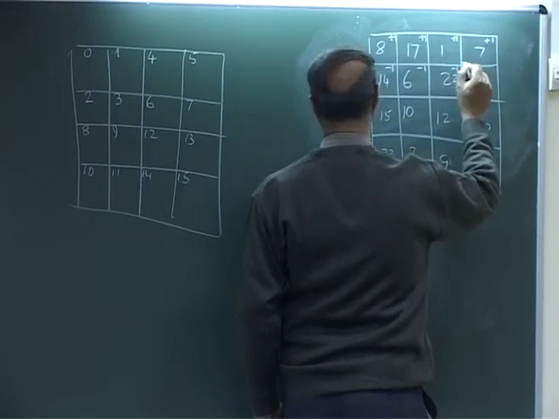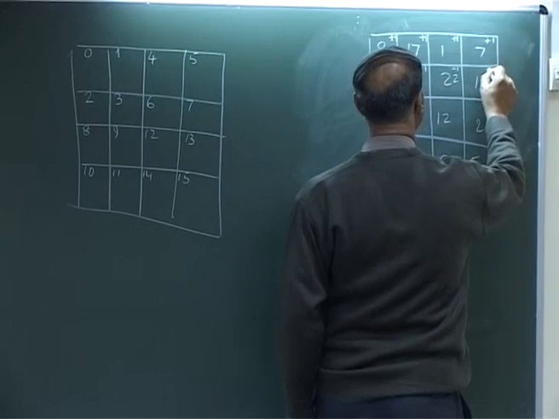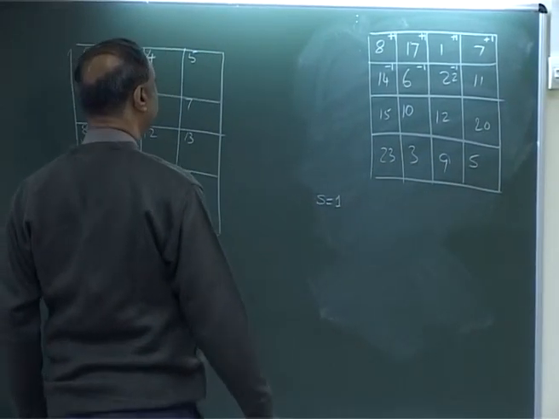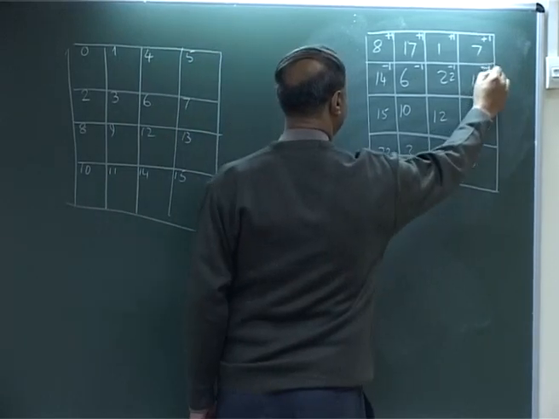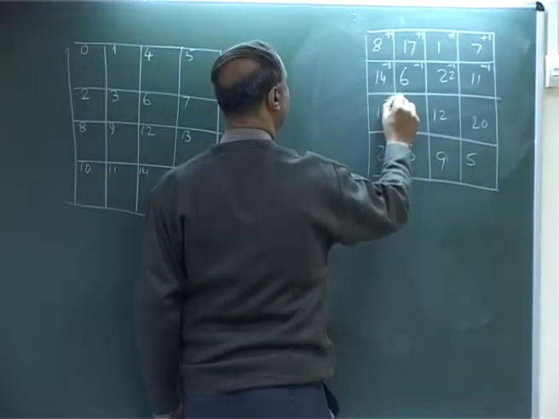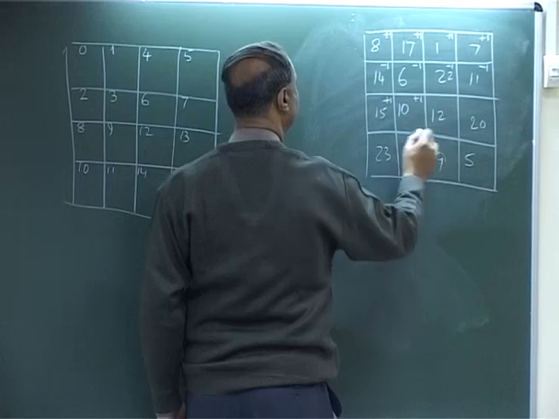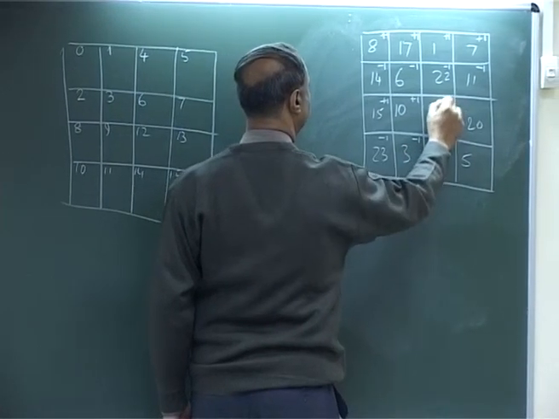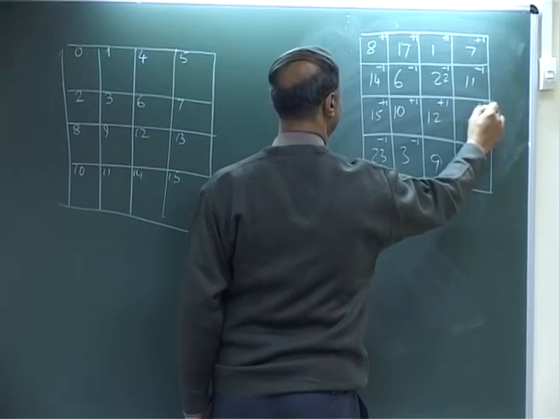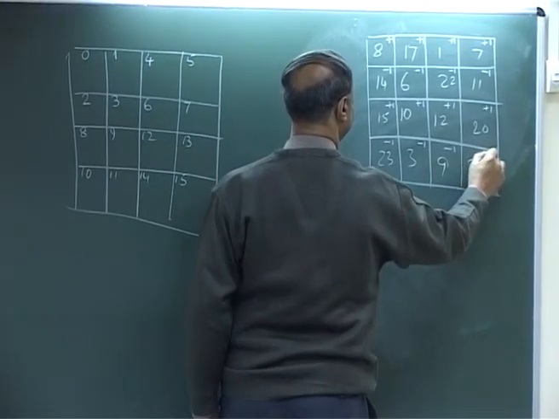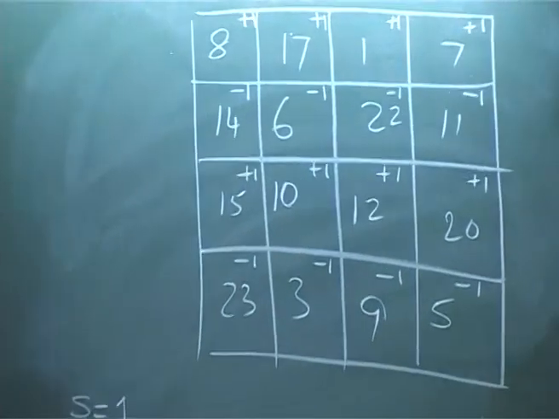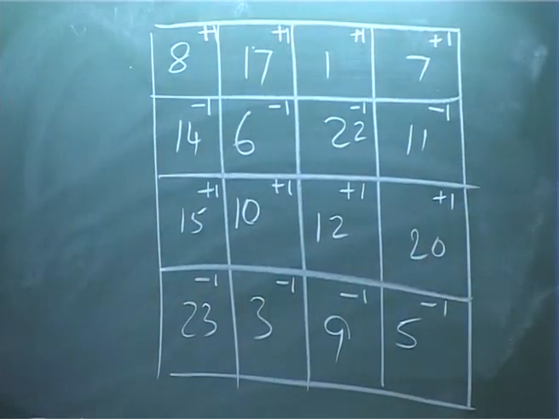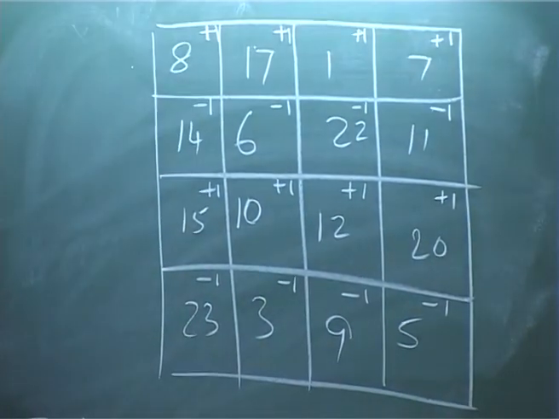Then 5, 6, 7, 8, 9 by 2 to the power 1. So, at S equals 1, at the first stage, you get this.